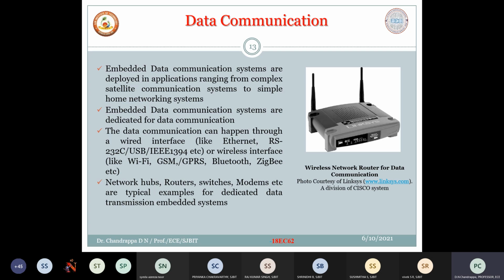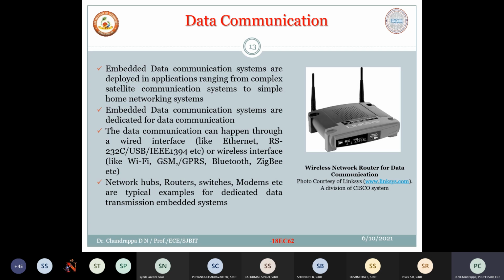IEEE 1394, and some more versions are available that we can use. Then wireless interfaces like Wi-Fi, GSM, GPRS, Bluetooth, ZigBee, and many more devices are used for communication purposes. These all belong to embedded systems.